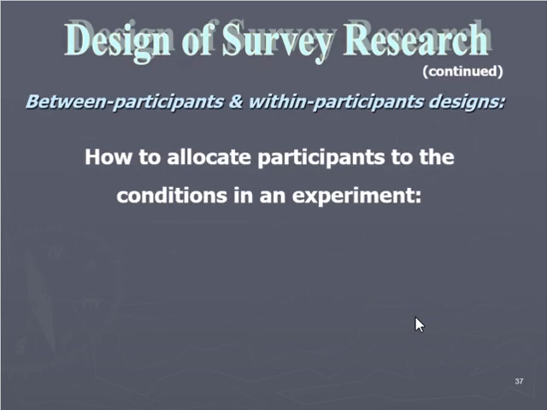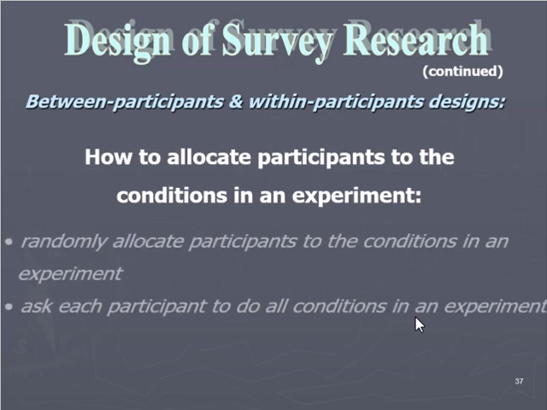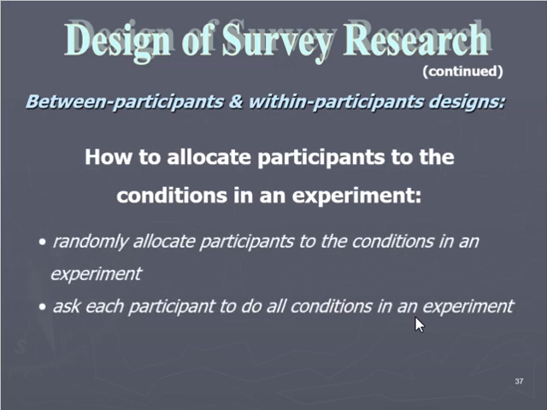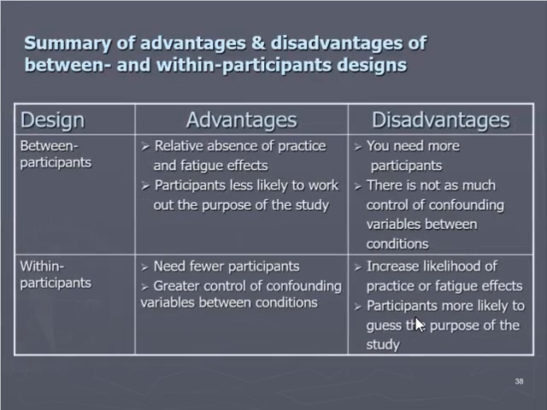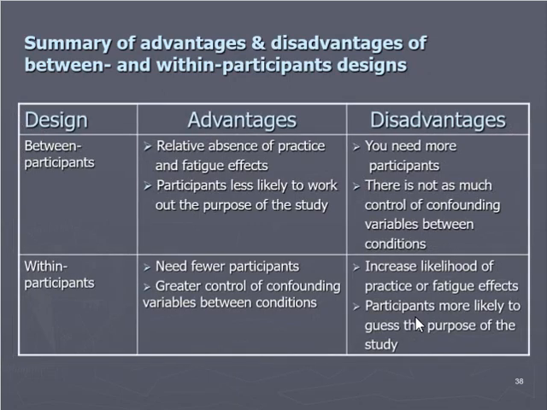Okay? You also have between participants and within participant design. So, how do you allocate participants to the conditions in an experiment? Randomly allocate participants to the condition in an experiment and ask each participant to do all conditions in an experiment. Ganito yan. When we say between participants, you divide them into groups, and each group will have a different variable.